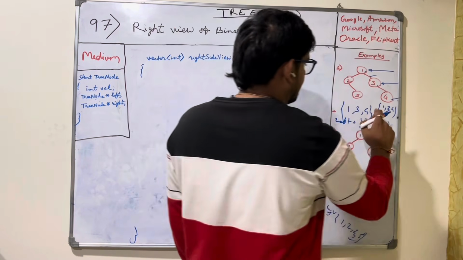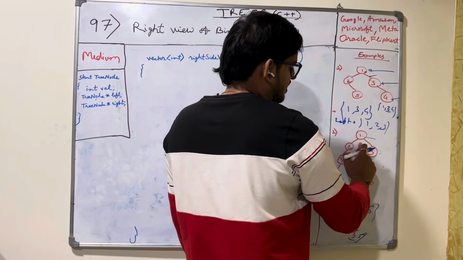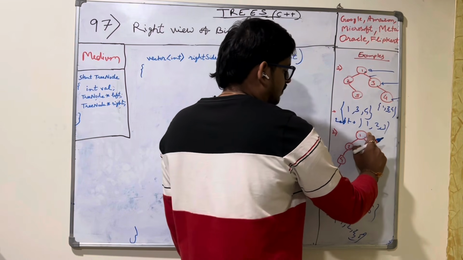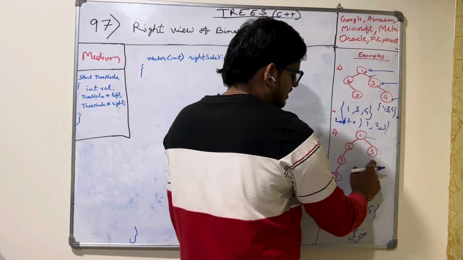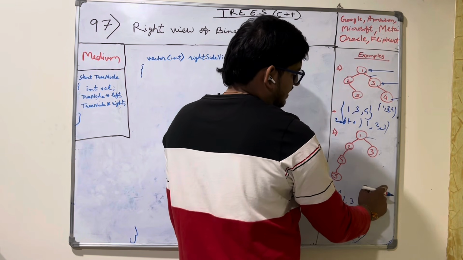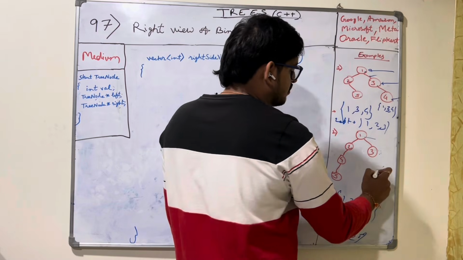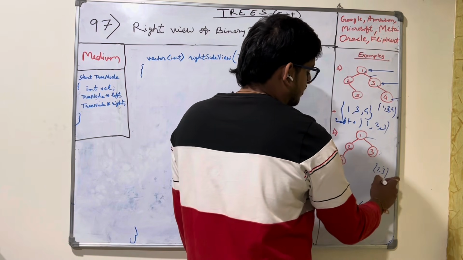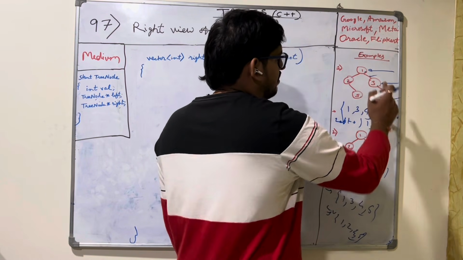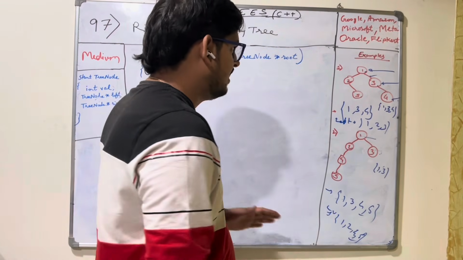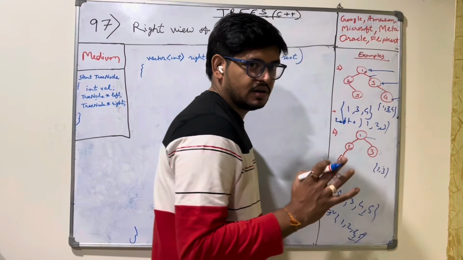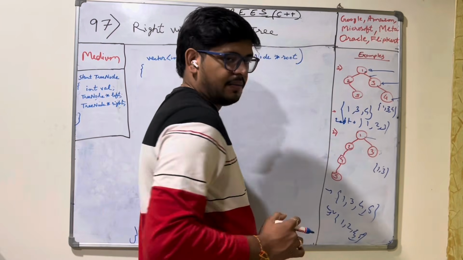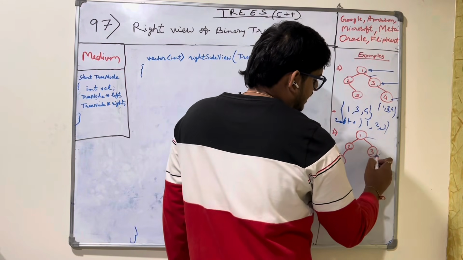Correct? But which would have been the answer if you had done the same thing here? You are at the root 1, now you go to the right, since the right child is there, you get 3. But now you don't have anything. So according to that approach, the answer will be 1, 3, because you just traverse the right child. And that solution won't be correct for all the examples, because here after going to the right, we don't have anything.